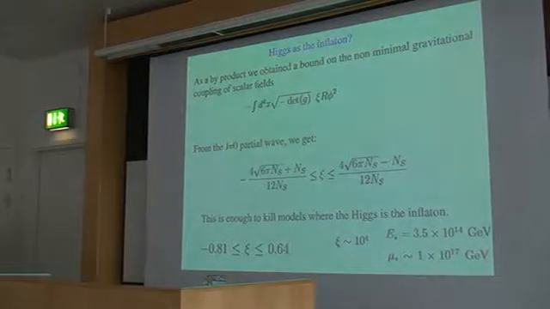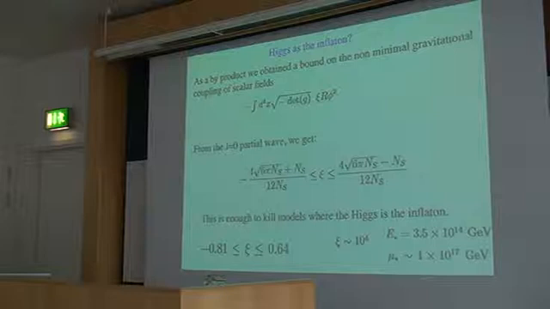There's an interesting side result of our work for models where the Higgs boson is the inflaton. This has become quite popular again. It's a beautiful idea because it would be a way to unify two scalar fields into one. They rely on a non-minimal coupling of the Higgs to the Ricci scalar.